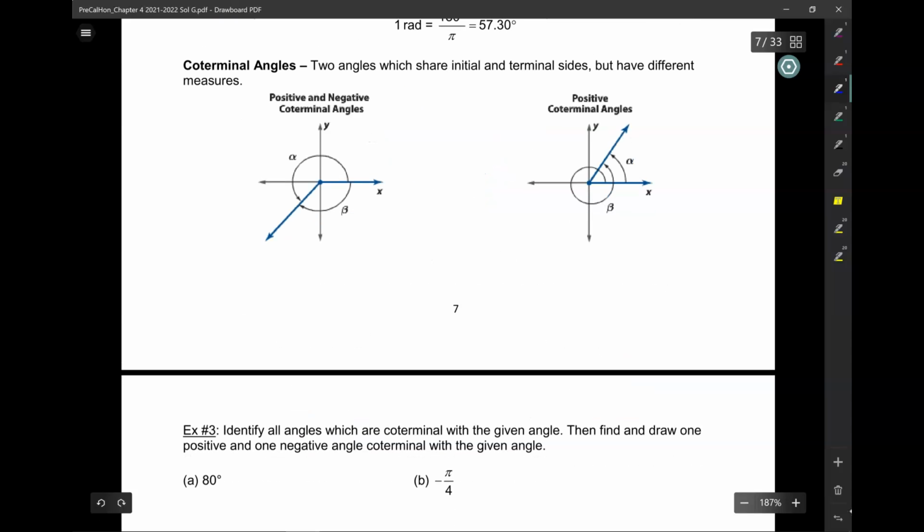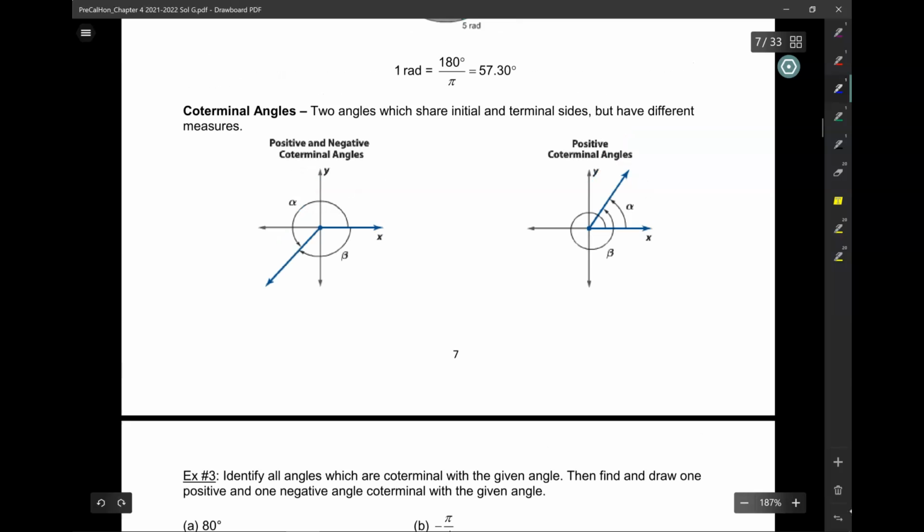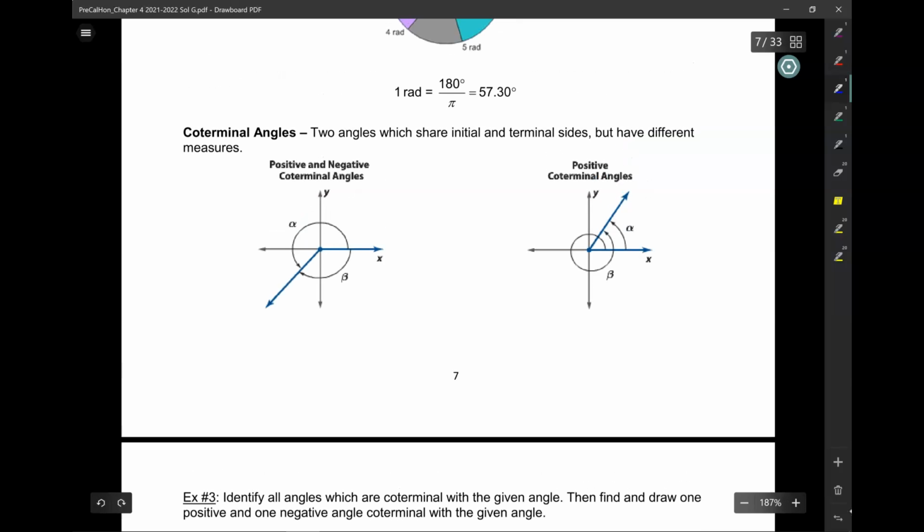Okay, let's go on to coterminal angles. So coterminal angles are angles that terminate or end at the same place. All right? Okay, so take a look here.